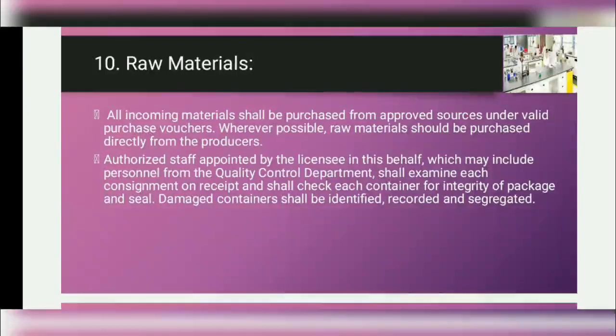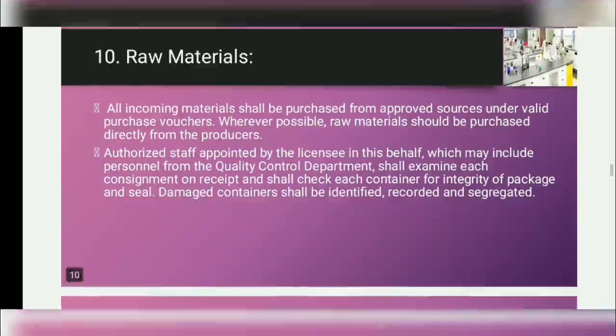Whenever a consignment comes, the quality control personnel check whether the integrity of package and seal is maintained. If the integrity is not maintained, it should be identified, recorded and segregated. Now come to our next slide.